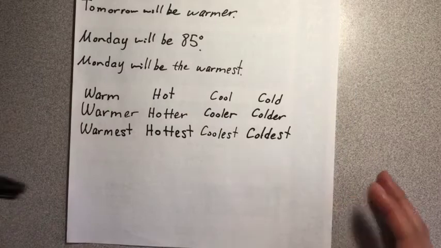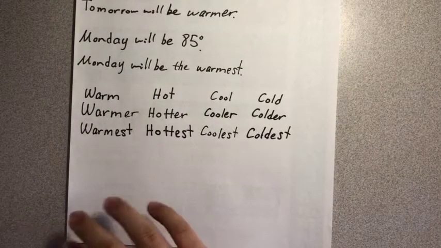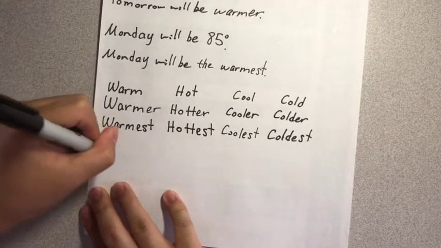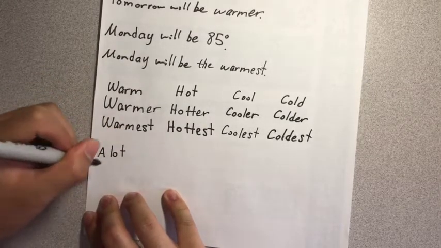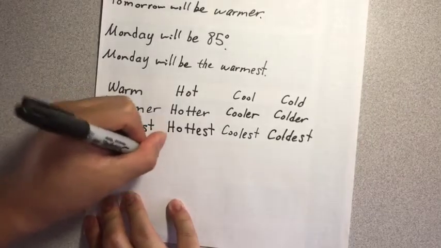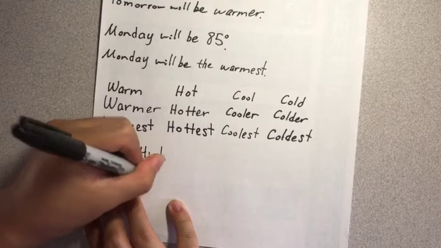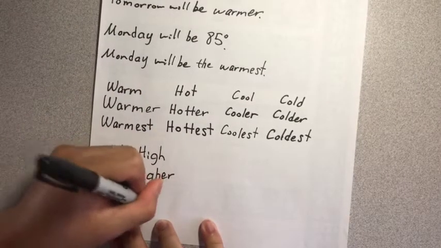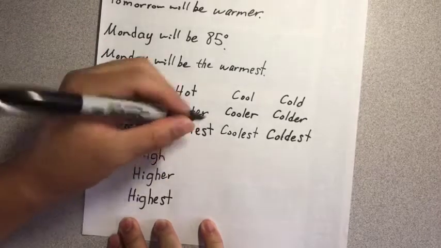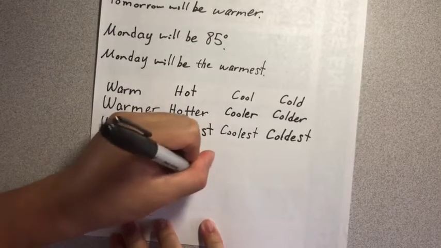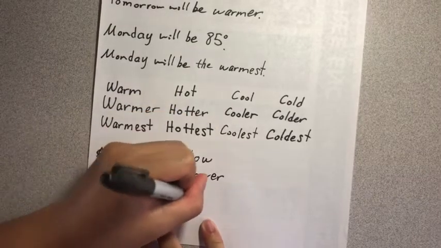Now let's learn high and low, and most and least. So we have a lot. We have more. And let's do high, higher, and highest. And low, lower, and lowest.